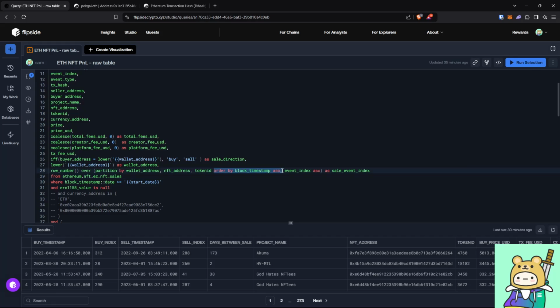And then order by timestamp ascending, event index ascending is because there can be multiple sales within the same transaction, and so we want to have both event index and block timestamp in ascending order.